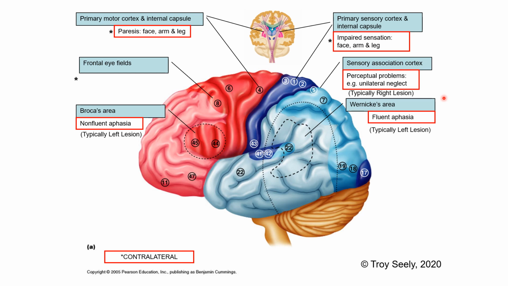If we go a little bit more superior, there are some regions that are involved in the eye fields, and if compromised, this will limit our ability to conjugate our gaze or bring it together in terms of some of the visual field aspects.